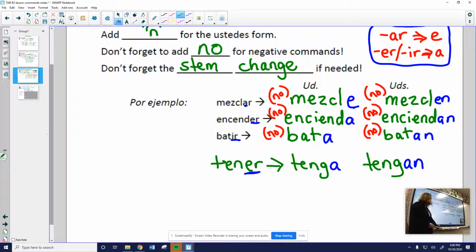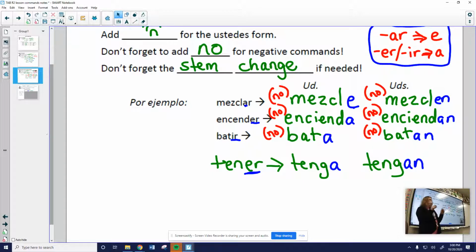You might be thinking, Señor Einerwold, when am I ever going to give somebody a command in the usted form? I'm a teenager. I don't give commands to people that are older than me that I need to call Mr. or Ms. That is true. But you'll see these commands quite a bit. For example, in signage, like no smoking, no fume. Or you might see them on the instructions for some cereal, like hot cereal, to make oatmeal.